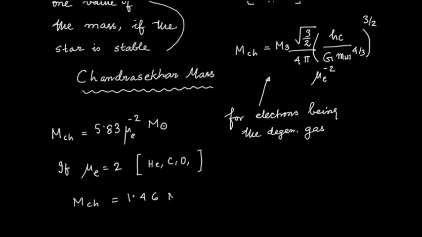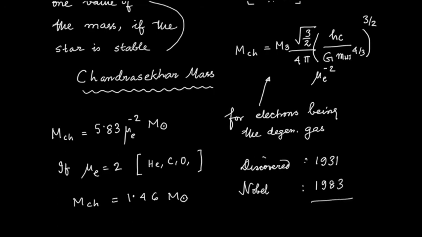So this becomes 1.46 solar mass. So that is the Chandrasekhar's limit, which was discovered in 1931, and he got the Nobel Prize for this in 1983. See, more than 50 years for people to believe in this theory.